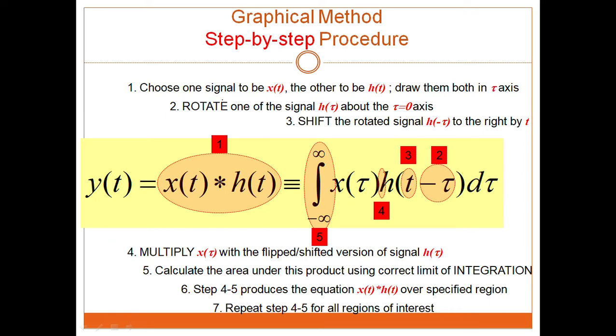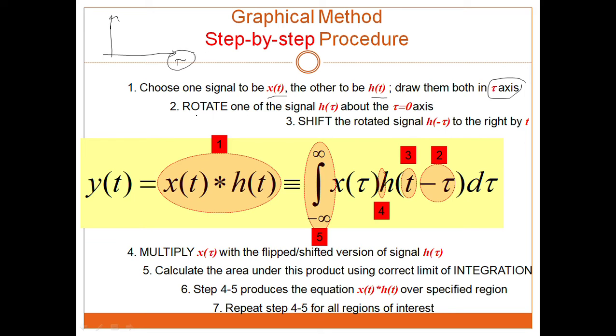The first step is to identify the first signal x(t) and the second signal h(t), and then we draw them on the tau axis. That means we no longer use t, but t now becomes tau. Whatever the function is, you change it into the tau axis.